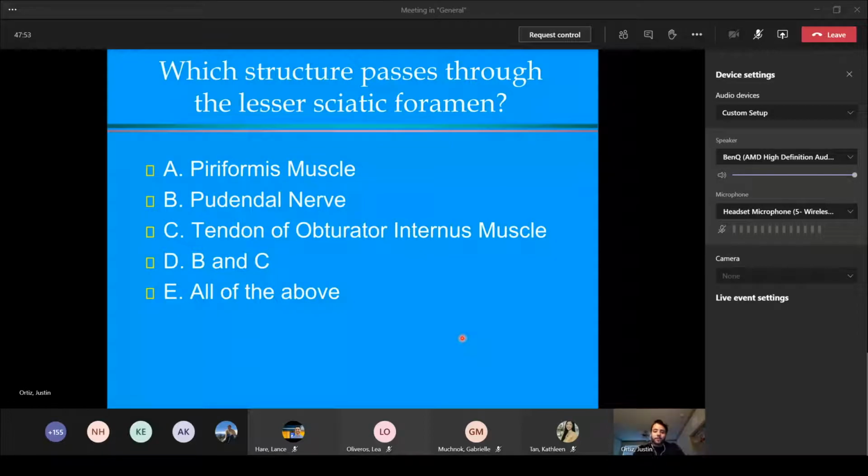Okay, so just a quick comprehension check on what I just stated. Which structure passes through the lesser sciatic foramen, also known as the lesser sciatic notch? We have A, the piriformis; B, the pudendal nerve; C, the tendon of the obturator internus muscle; D, B and C; or E, all of the above.